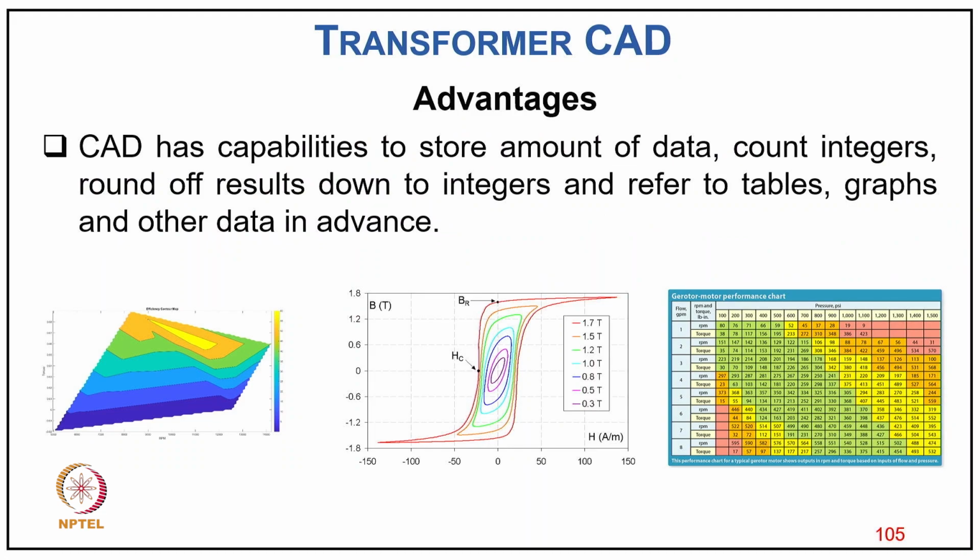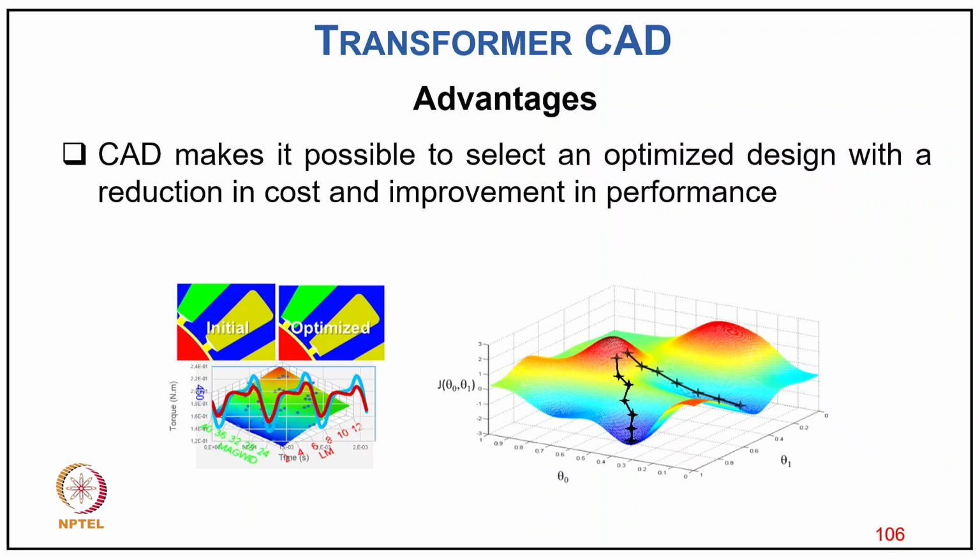The advantage of computer design is the capability to store large amounts of data, count integers, round off results, and refer to tables and graphs. As you can see here, the characteristics are shown, the VH curve data are there, and the tabular data are there.